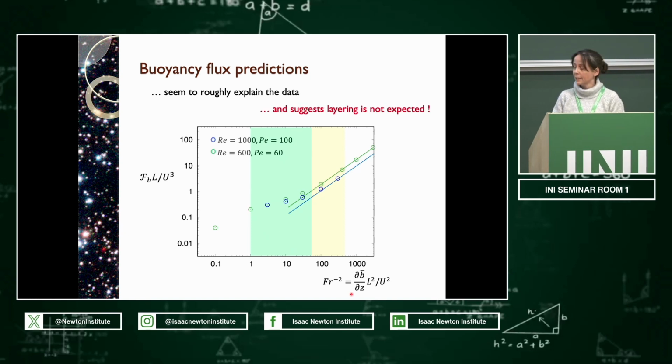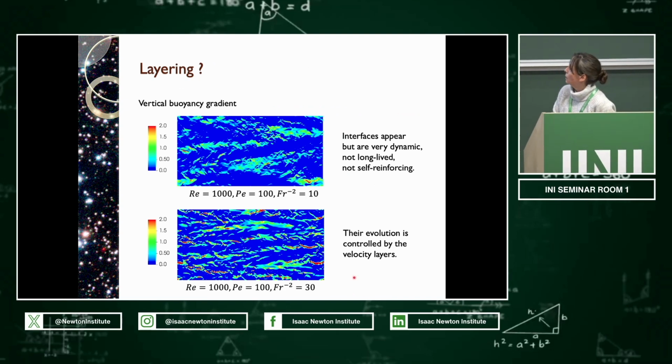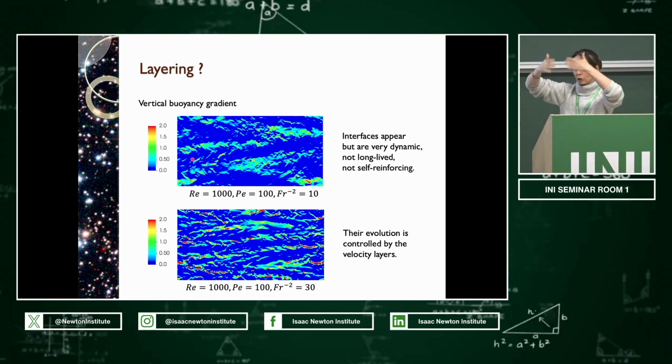So what does the data say? I'm going to look at these two data points, and I'm going to plot the buoyancy gradient in the vertical. I'm going to show you some movies. This is a snapshot, a picture of just the XZ plane. So it's not horizontally averaged or anything. It's just a slice through the domain.